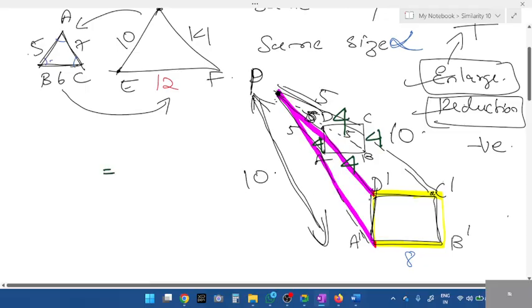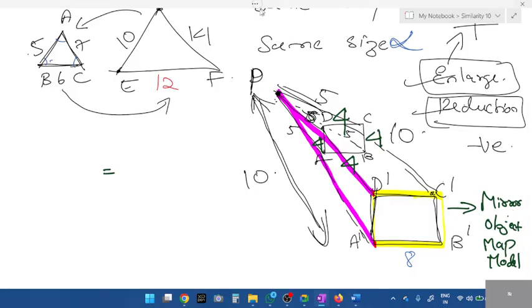So we call this yellow one the image, not mirror, image.